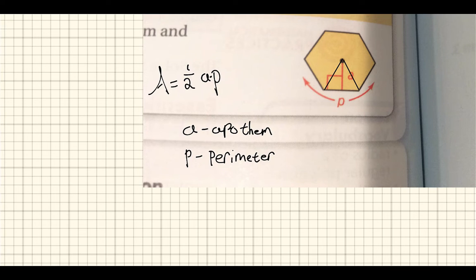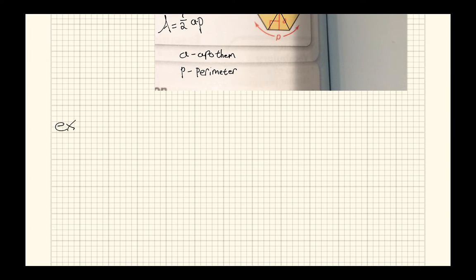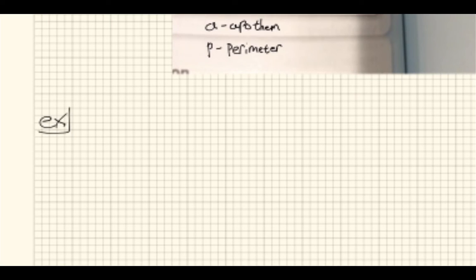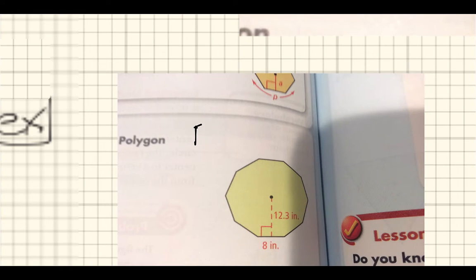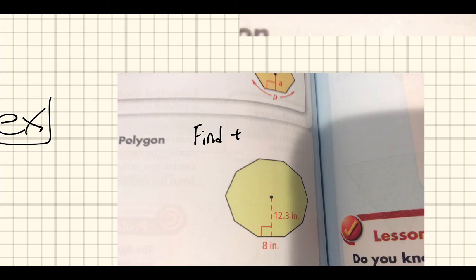Let's go ahead and try one of those together. Let's start with a simple one. This one we don't have to do a whole lot of work because most of the stuff is already given to us. Find the area.